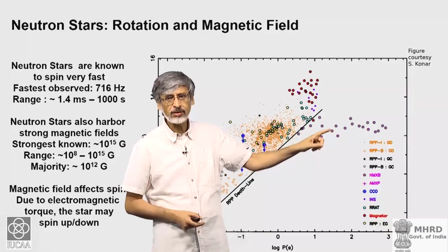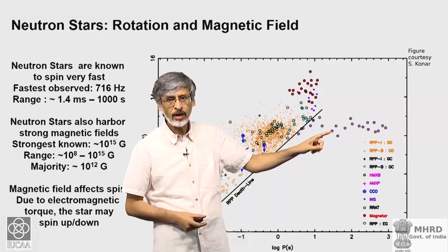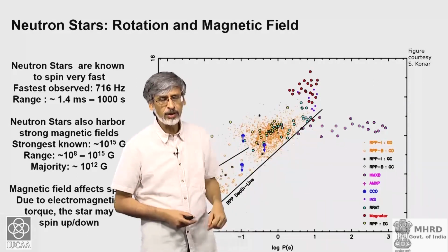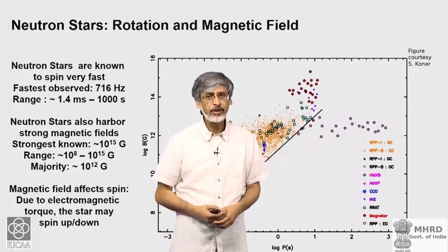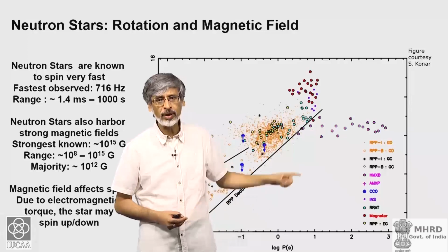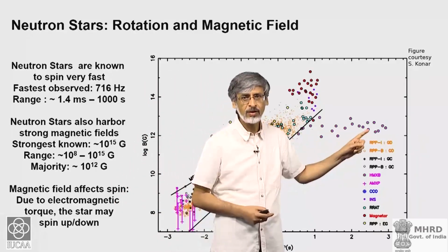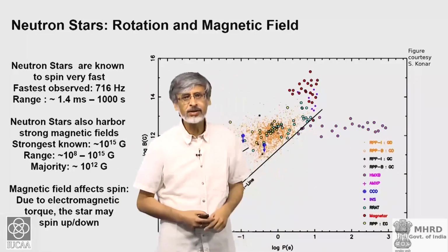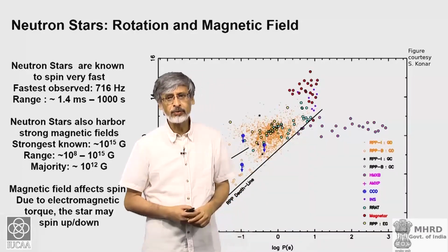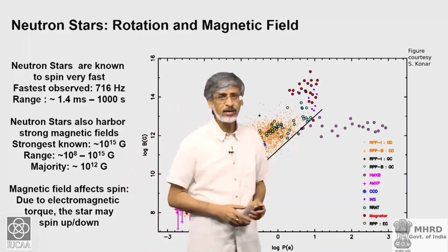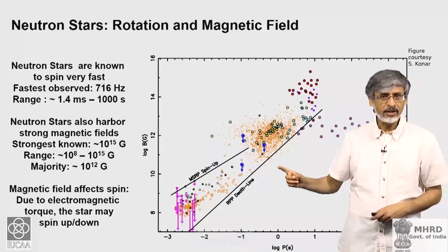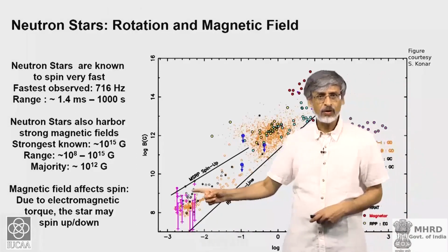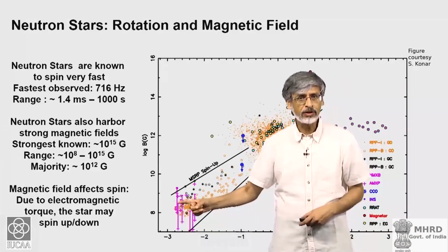So, this set of neutron stars are strong field neutron stars, which are currently accreting material from a binary companion, and it is the interaction of this matter flow with the magnetic field of the neutron star that is causing them to be spun down to long periods. On the other hand, if the magnetic field of these neutron stars happens to be very small, then the interaction between the accreting matter and the magnetic field causes the neutron stars to be spun up to very short periods.